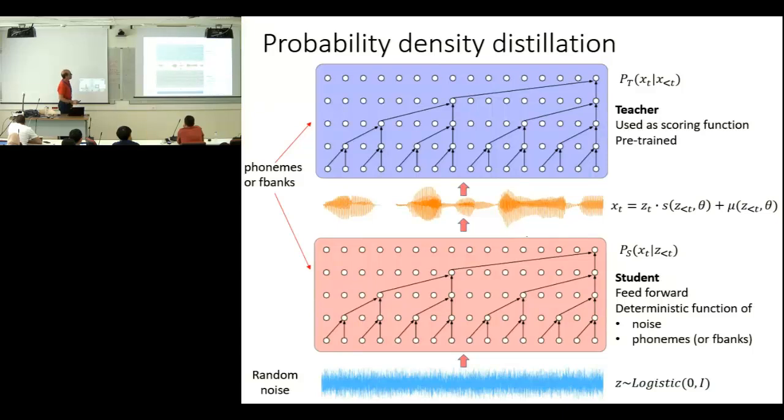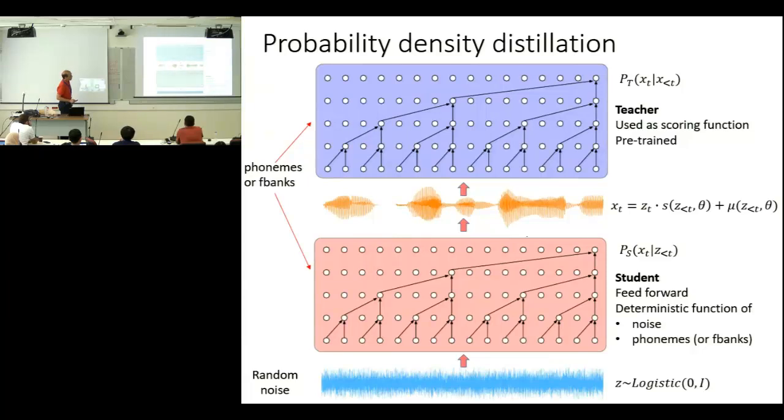So the probability distillation works as follows. We have some random noise. We pass it through the student. The student predicts a probability for that. We use this probability as an input to the teacher.